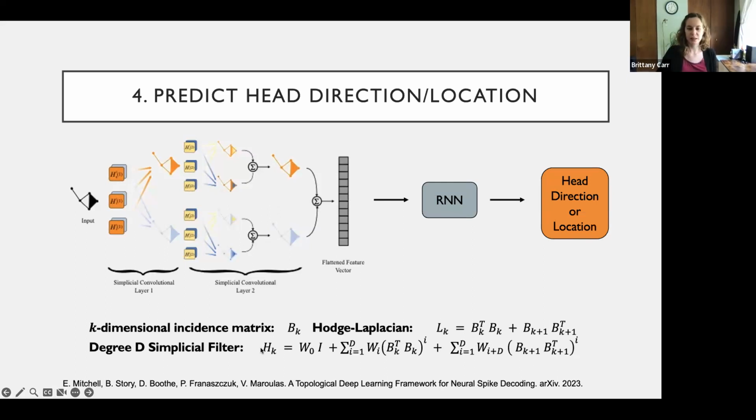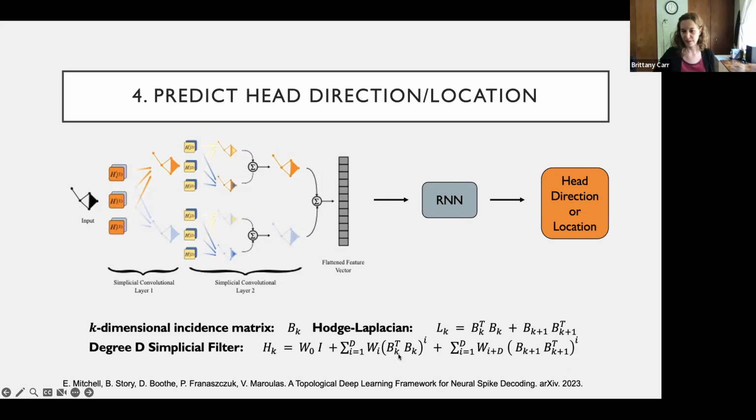And then this lower line, this degree D simplicial filter, is what's actually giving us this machine learning framework. So we have W0 and WIs. Those are just going to be our weight matrices. So for any machine learning algorithm, what you're doing is training the weights to fire nicely. We have our k-dimensional incidence matrices.